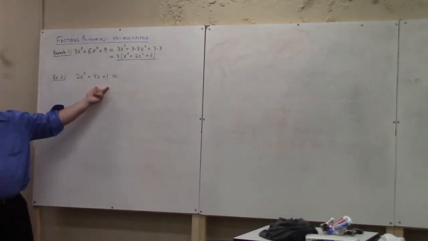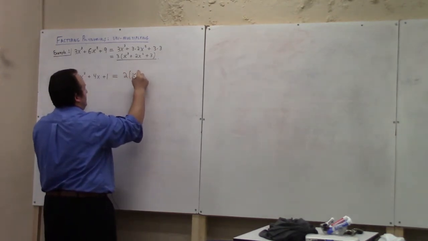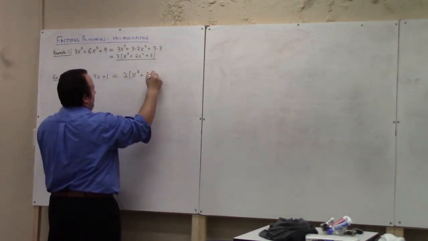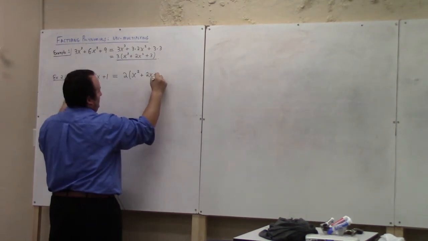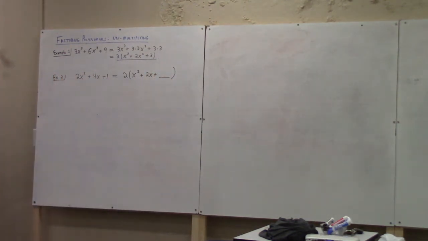So let me write something out. This is 2 times x squared plus 2x plus something. If I want to factor that 2 out, we're going to have to bring into play our old nemesis, fractions. What would you fill in the blank there?